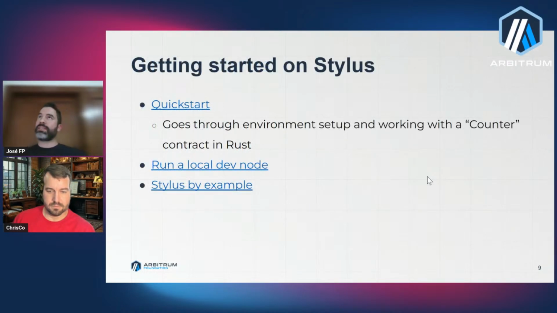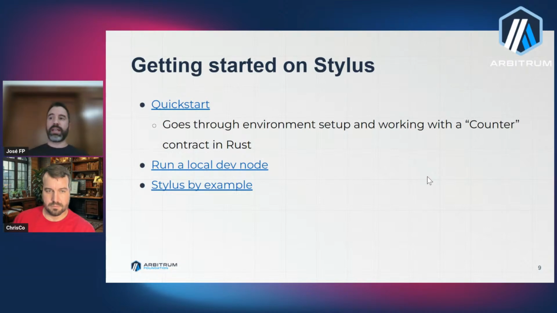So how do you get started with Stylus? Well, being here today is a great first step. But then we have 3 resources that I like to give when people ask me how to start writing smart contracts in Rust. The first one is the Quick Start. That's a page in Arbitrum's documentation portal that goes through how to set up your environment and work with a counter contract, which is written in Rust.